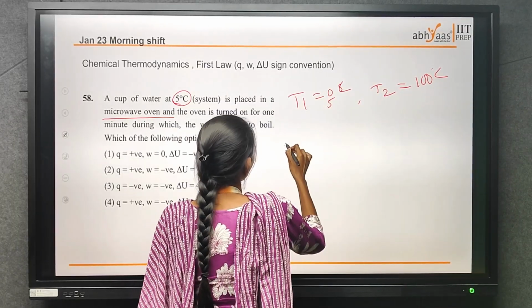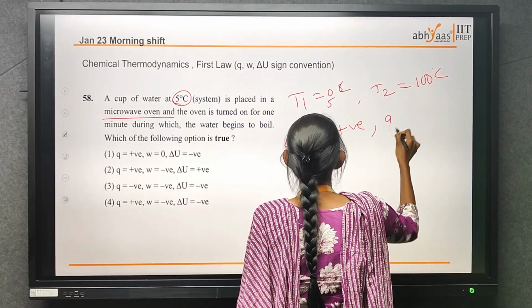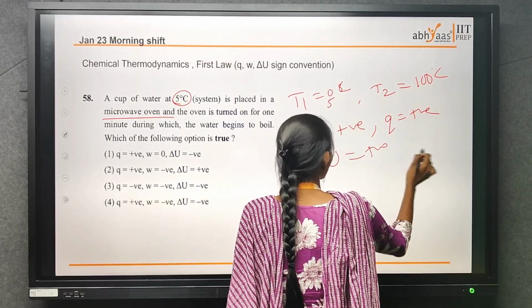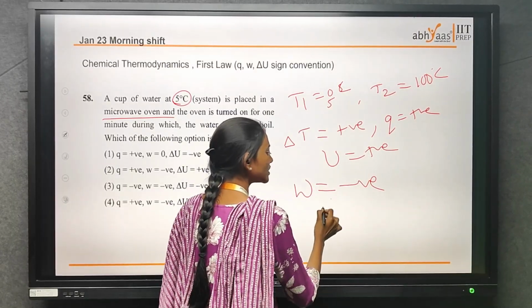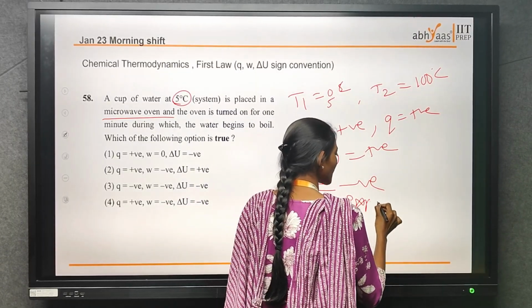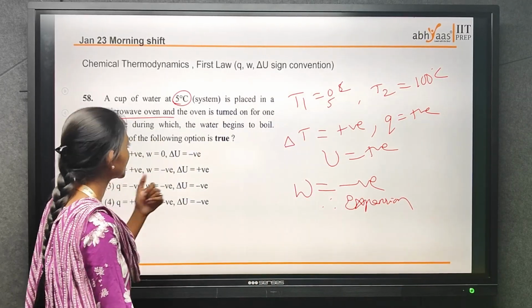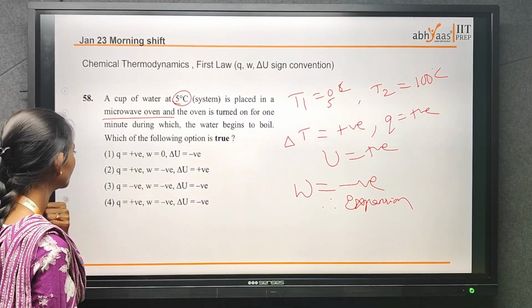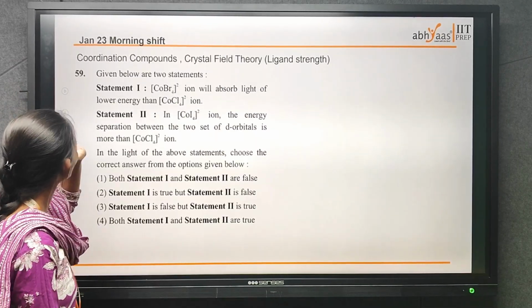Then your delta T will be positive, Q will be positive and internal energy will be positive. But your work done will be negative, because of expansion. There itself you need to learn about the sign conventions. Here the option will be 2, right?